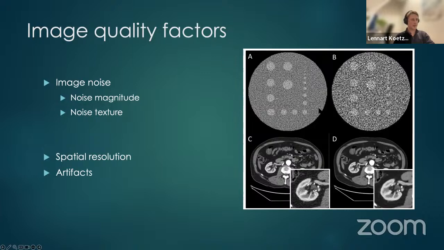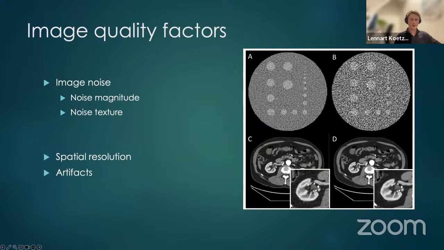In image A, the high frequency noise makes it much easier to detect all these circles, even almost the smallest circle. And this also translates to unfavorable noise texture in your CT images. I will show this a bit later, but this low frequency noise generally results in a plastic or blotchy appearance of your CT scans.